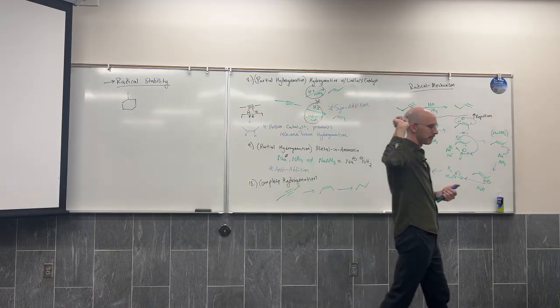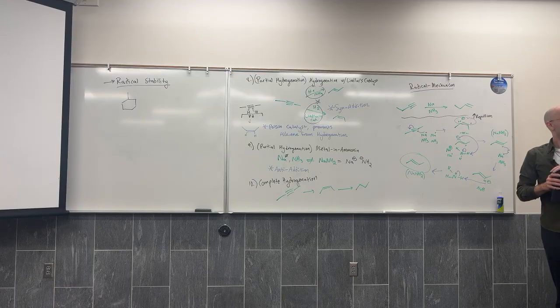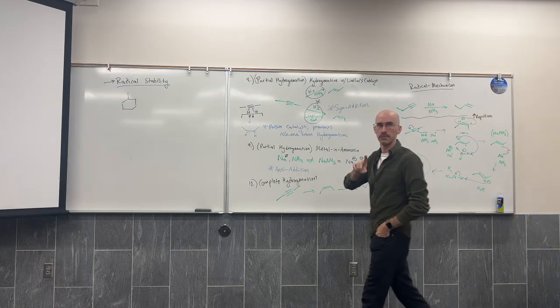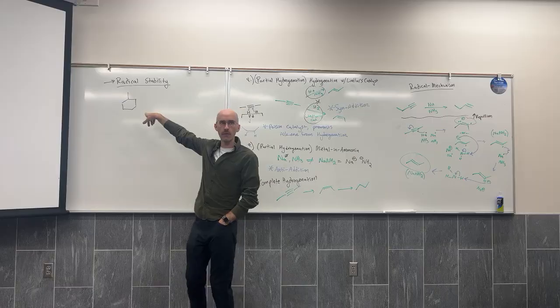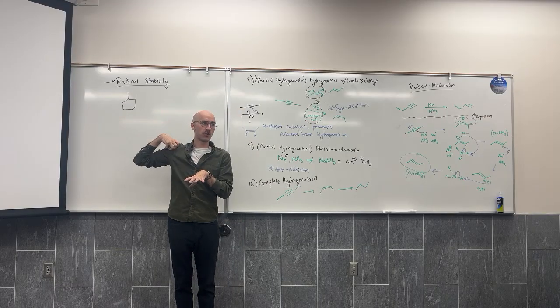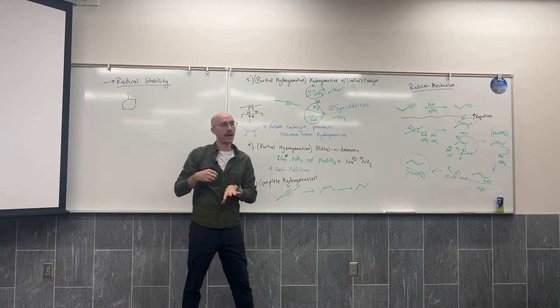Can you name that molecule? Methyl cyclohexane. If I could take one hydrogen off of this molecule and leave in its wake a positive charge, where would be the most stable position to put that positive charge?